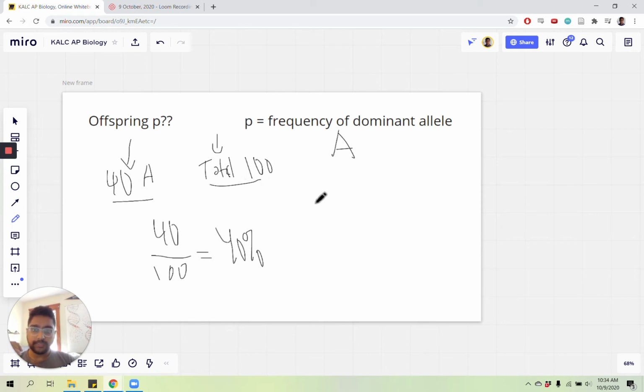So what you need to do is write an equation, and you can pretty simply say equals, and then find your cell where you have the number of A alleles, divided by the total alleles.